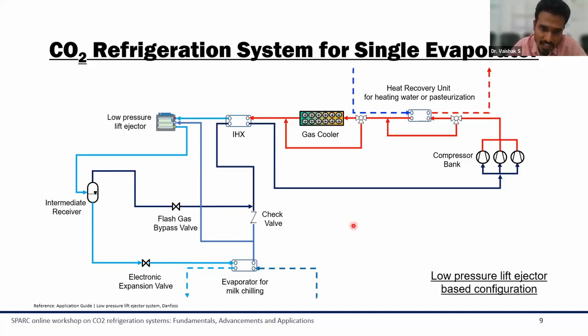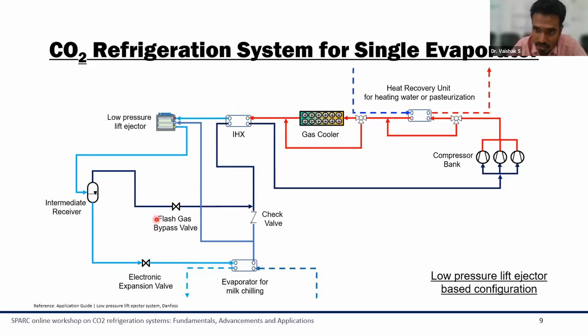We have developed this configuration with the ejector model available from Danfoss, that is the low pressure lift ejector. These low pressure lift ejector systems work with a very basic configuration compared to the high pressure lift ejector configuration. I will come to the high pressure lift ejector configuration also.